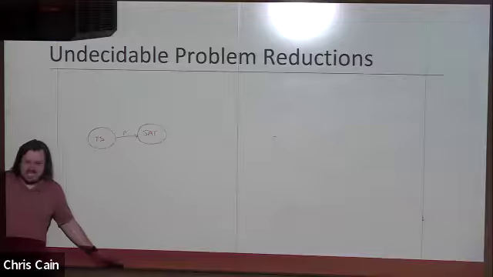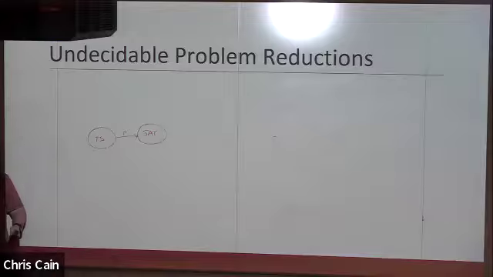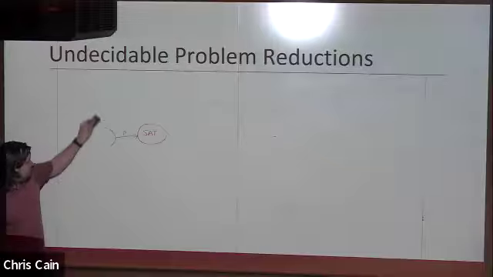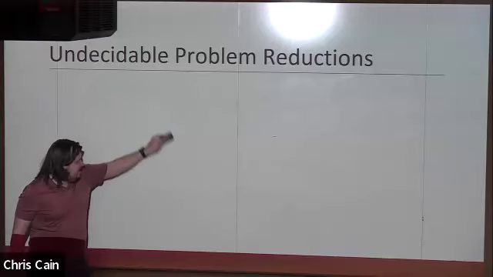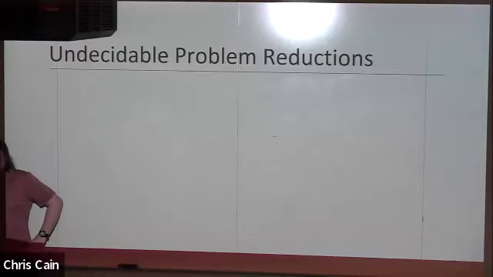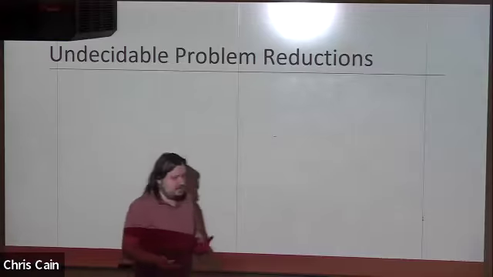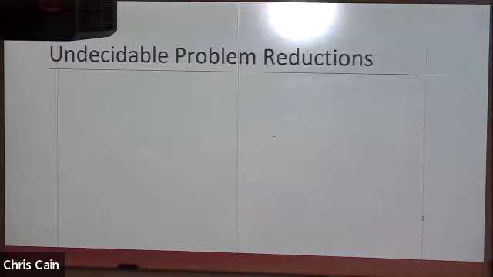And it turns out that that is exactly what we have with regards to decidability as well. We know that the halting problem is undecidable. If we come up with a problem and we determine, is it decidable? And we can't answer that question one way or the other, then we could try to come up with a proof that says, if I could solve this problem, then I could solve the halting problem.